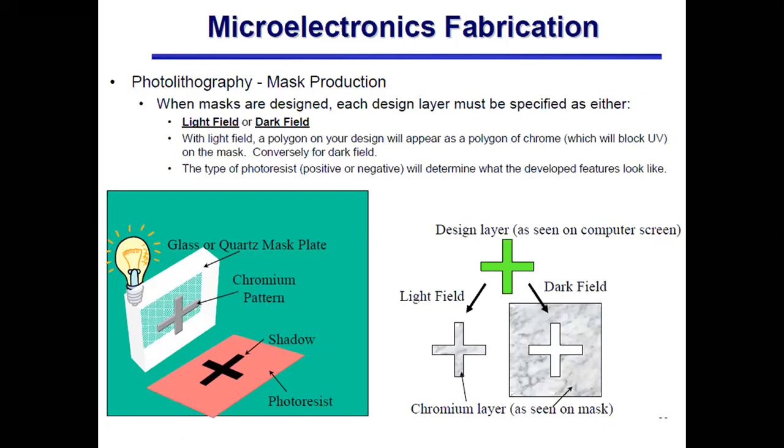If you are not giving that information to them, they would again ask you by email that you have sent us the layout of your mask layer, but for which layout do you want a light field mask and for which do you want a dark field mask.